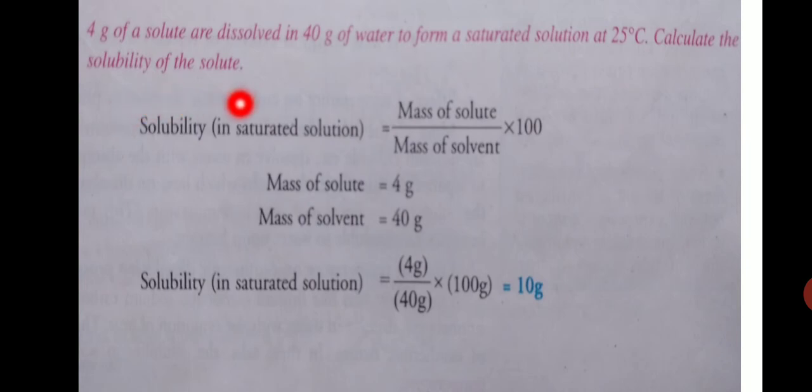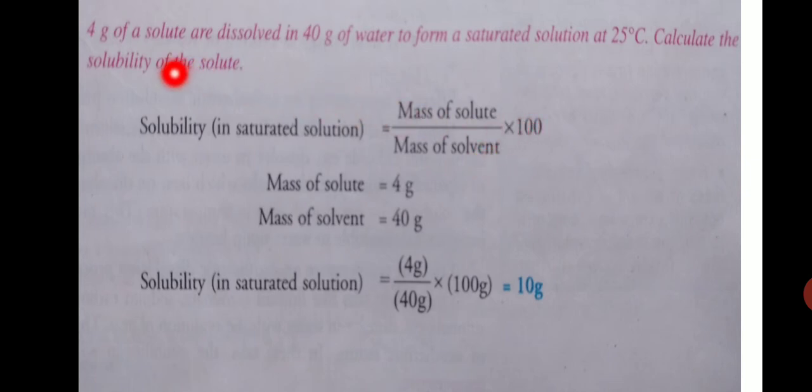So we know that solubility can be found out if the mass of the solute and the mass of the solvent are given. What is the formula? Mass of the solute divided by mass of the solvent into 100.